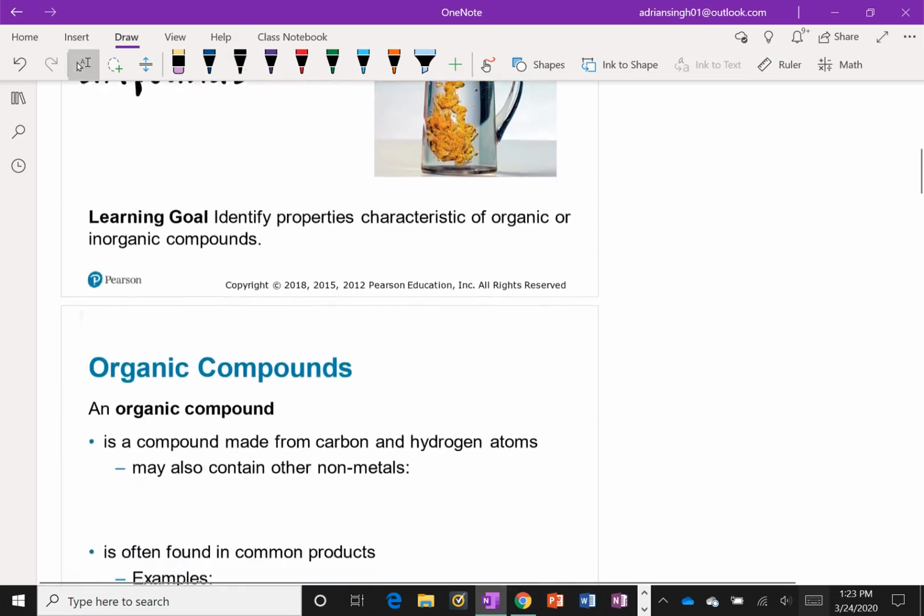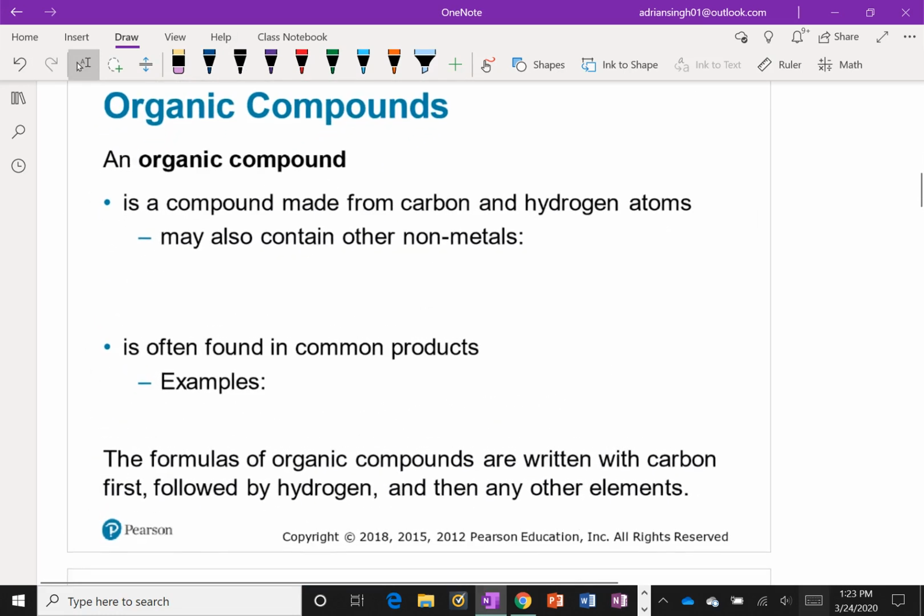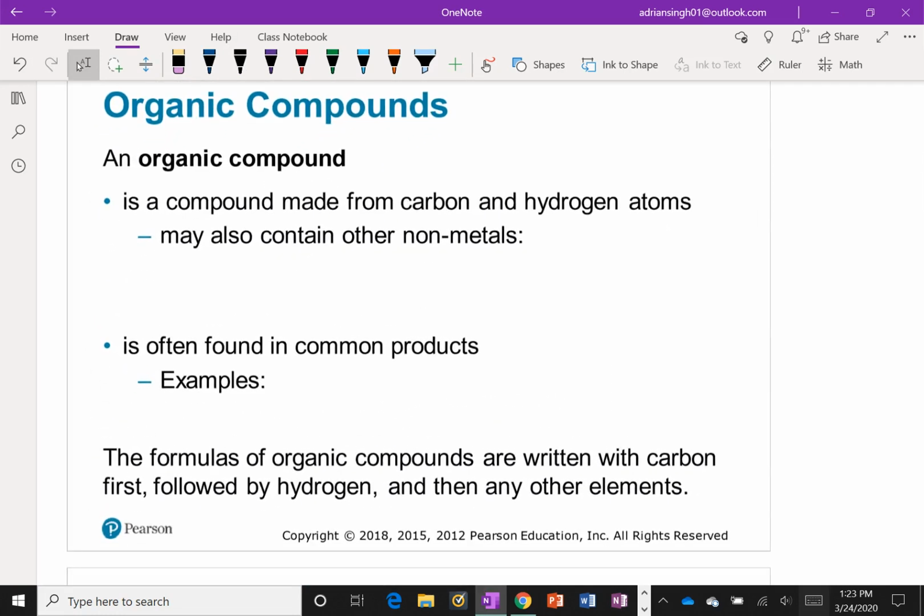So what is an organic compound to begin with? Well, it's made up mainly of carbon and hydrogen atoms. So carbon and hydrogen, and then we're also going to see other types of non-metals in there as well.